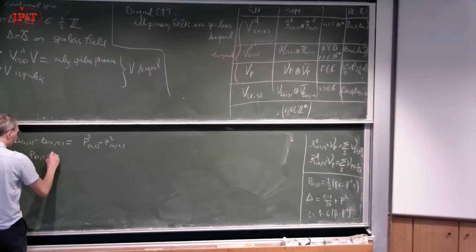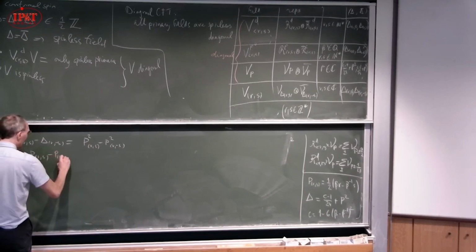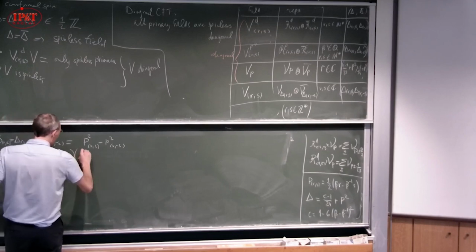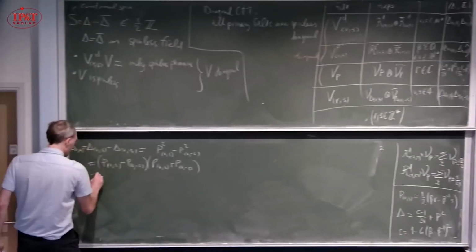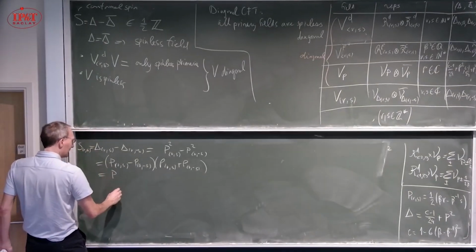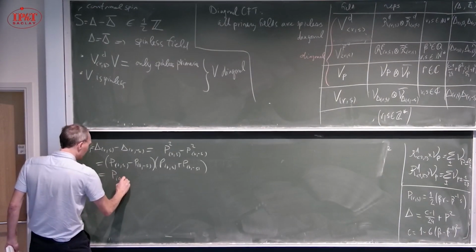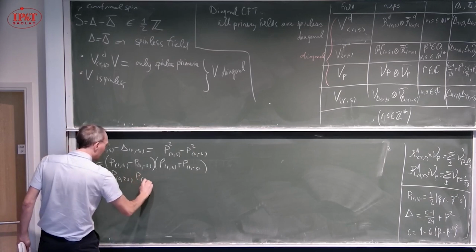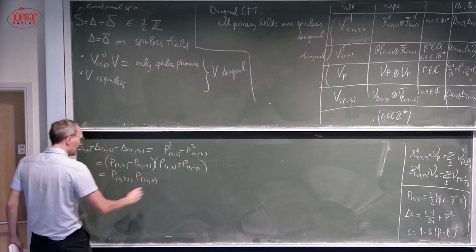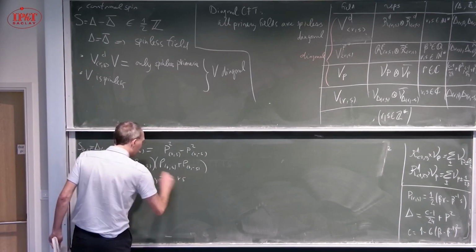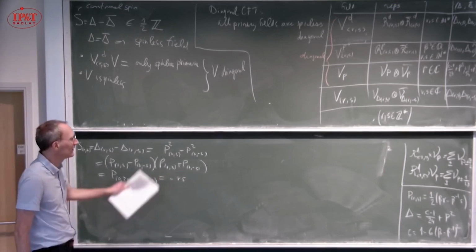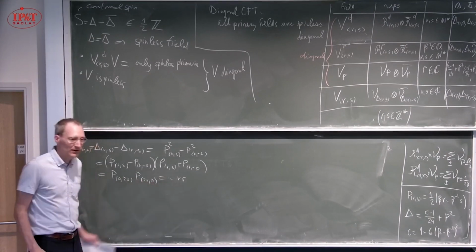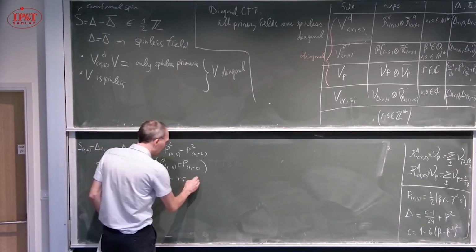Okay, let me do this calculation: P_RS minus P_R,-S times P_RS plus P_R,-S, which is P_0S times P_2R,0, which is minus RS. Okay, so the spin of a non-diagonal field is just the product of these two indices, and this we want to be half integral.